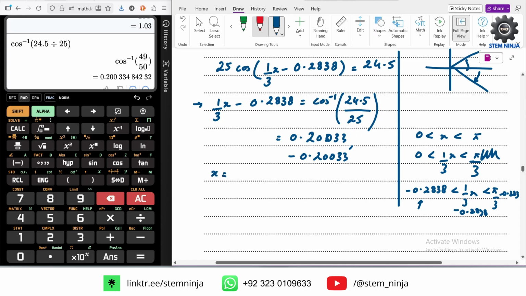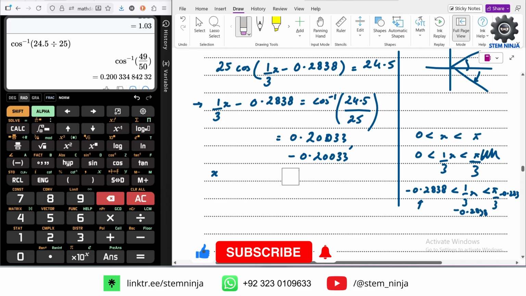So therefore x would be 0.2003, or you can keep it in the form of cos inverse of 24.5 over 25, just as easily like that.